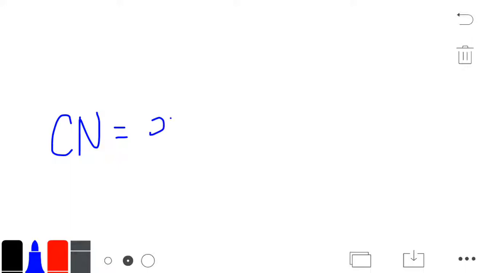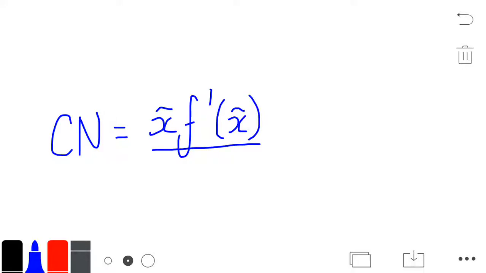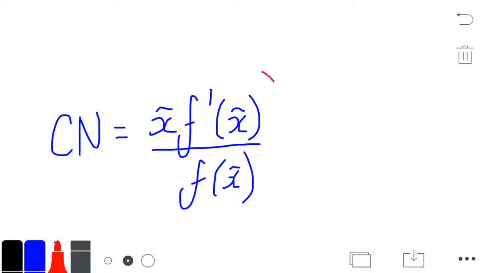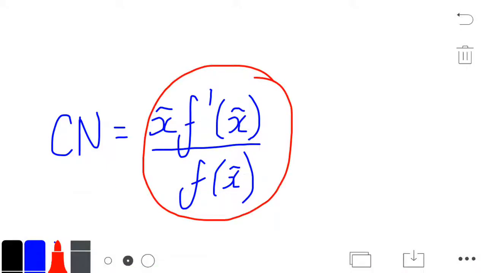It is equal to x tilde multiplied by f prime divided by our approximation. Make sure you know how this number is configured. What is the ratio between which relative error is in the denominator and which is in the numerator.